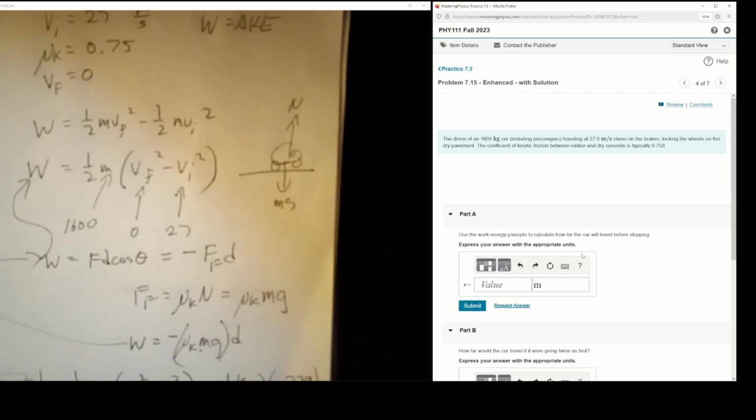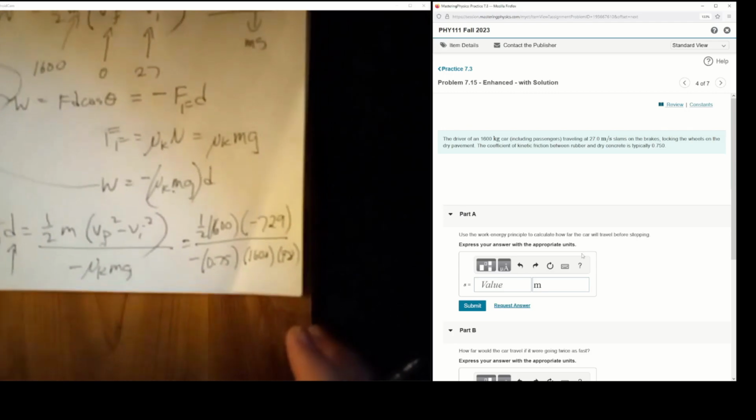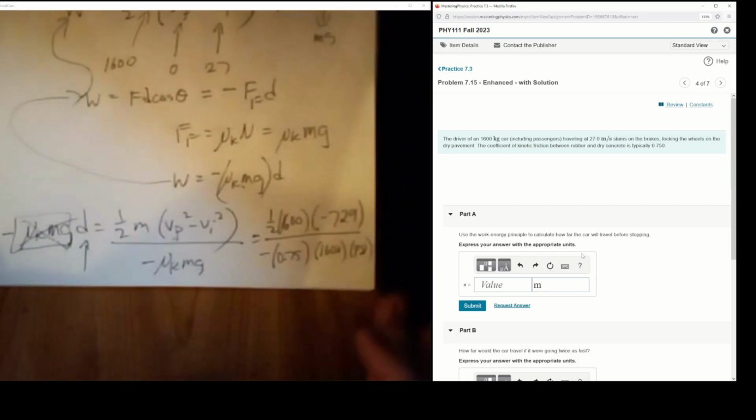Actually, they don't tell us that. I'm sorry. They do tell us the mass, 1600, and then g is 9.8. And that's what I'm going to punch into my calculator.